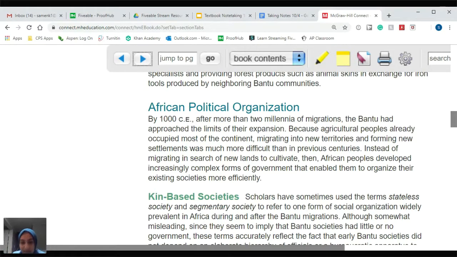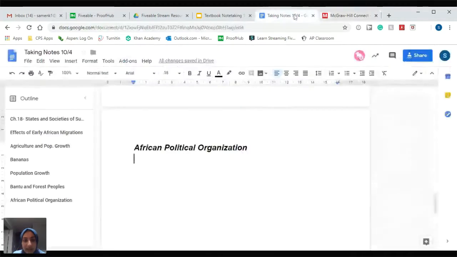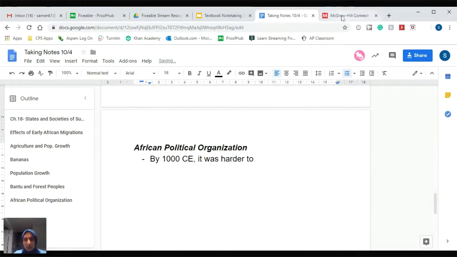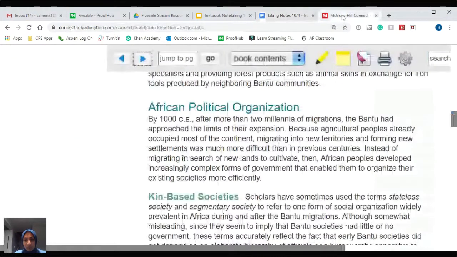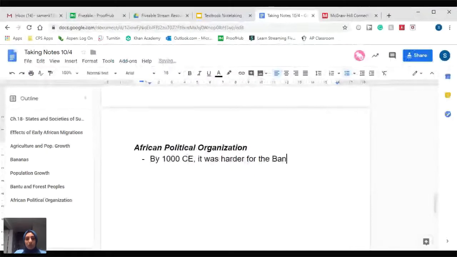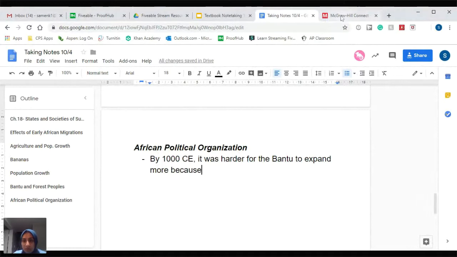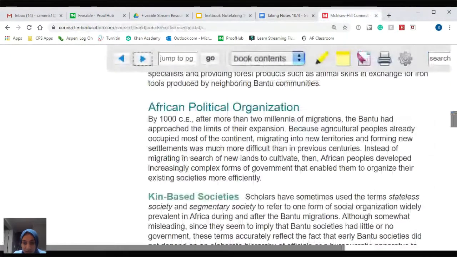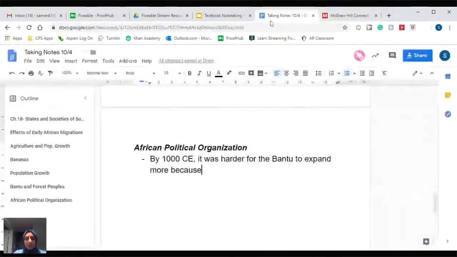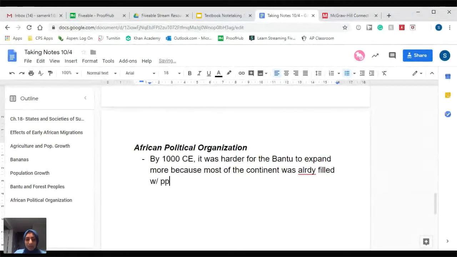So we could say by 1000 CE, it was harder for the Bantu to expand more because most places were already settled, because most of the continent was already filled with people. I'm just abbreviating.